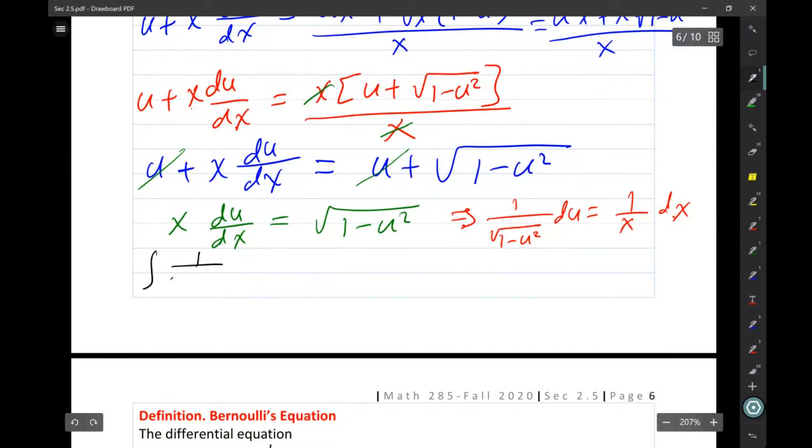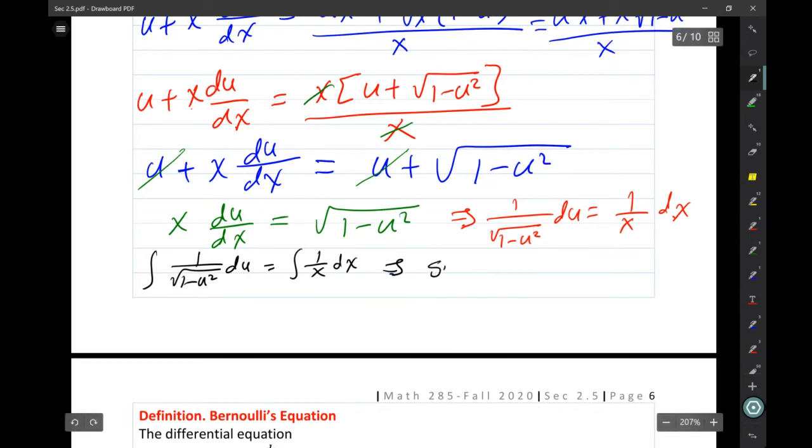Separable. The integral of 1 by square root of 1 minus u square du equals the integral of 1 by x dx, which implies, what's the integral of 1 by square root of 1 minus u square?